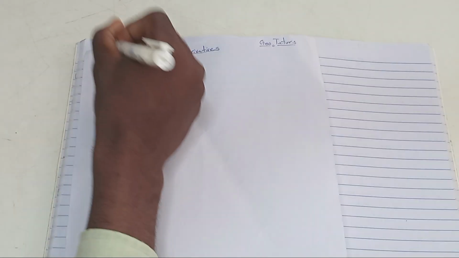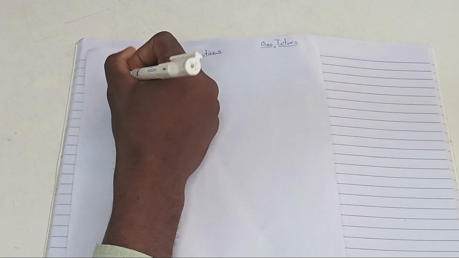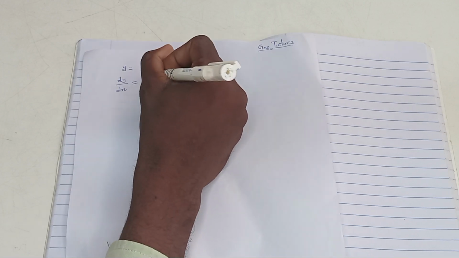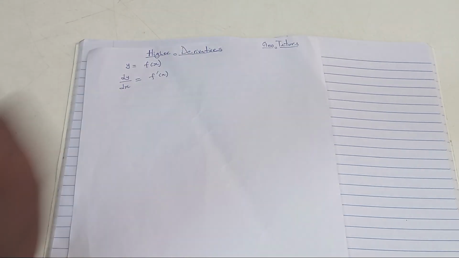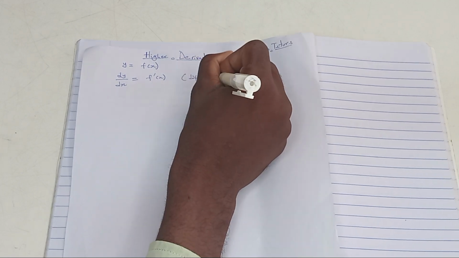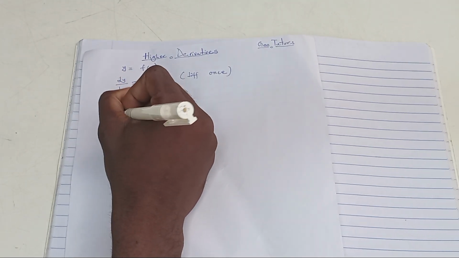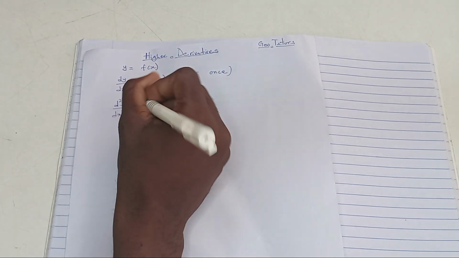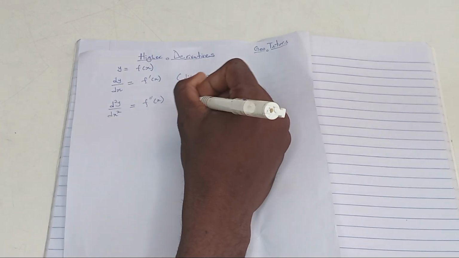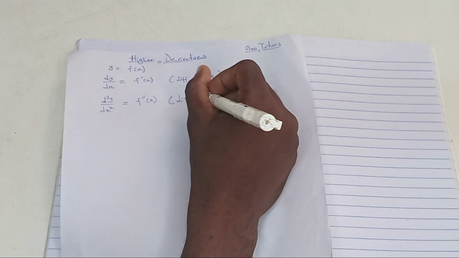Remember that y is equal to a function of x, and dy/dx means differentiating the function of x once. When we have d squared y over dx squared, that requires differentiating twice. f double prime x means differentiate twice.